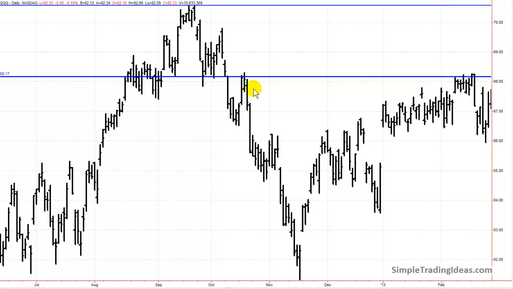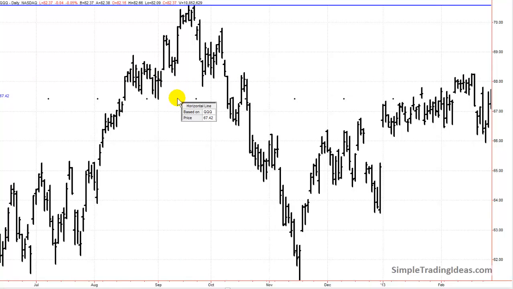Now, a couple other interesting things to discuss with regard to breakouts is the fact that there's a range. And this range is defined by the number of periods, and in this case, the number of days. So this is 10 days, based upon the last 10 days, the highest high and the lowest low. If we expanded that range to the last 20 days, then you can see the highest high and the lowest low would move down here.